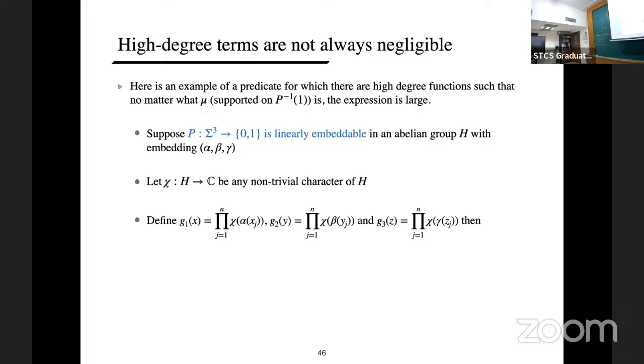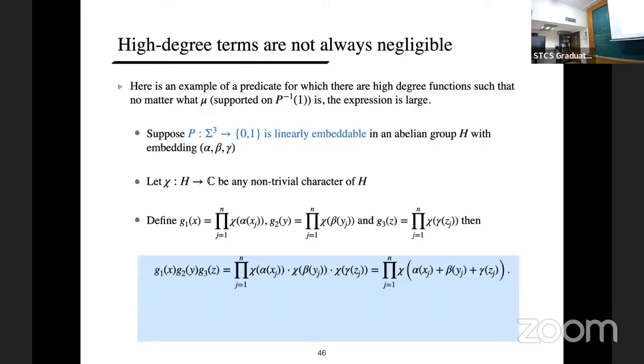And now, if you sample X, Y, Z like that, where this is supported on P inverse 1, by multiplicativity of the character, at each coordinate you just get chi evaluated at this sum, because of the linear embeddability property. This is the multiplicativity, the additivity of the character. And because of the linear embeddability, this is 0.